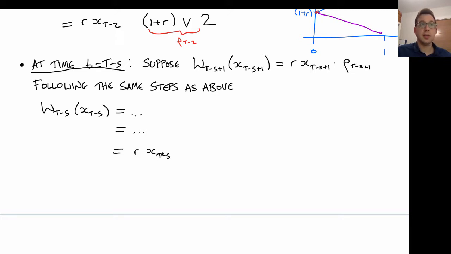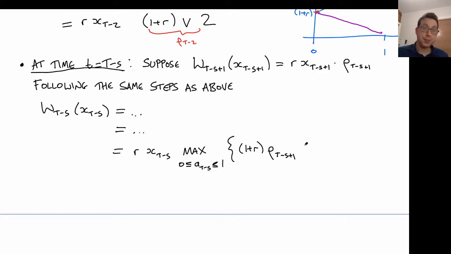So we're going to get r times x of t minus s, and then we've got a choice to maximize over the actions between 0 and 1 of, now the form is going to be, 1 plus r times rho of t minus s plus 1, plus 1 minus r rho of t minus s plus 1, times a of t minus s.